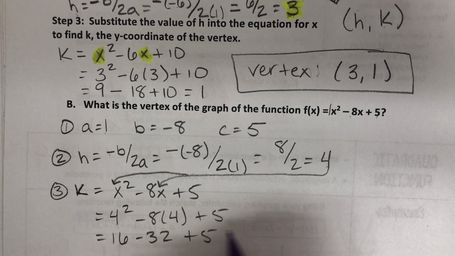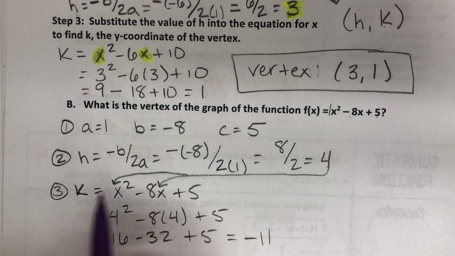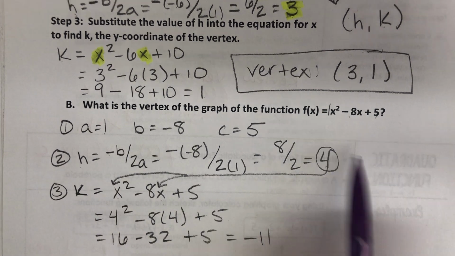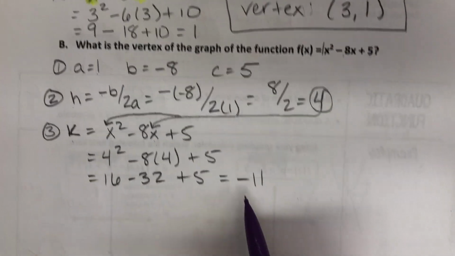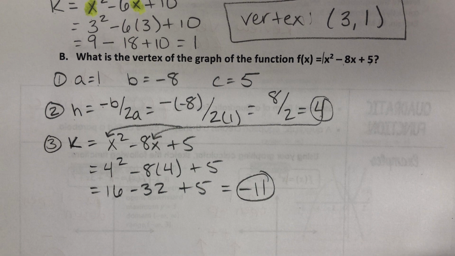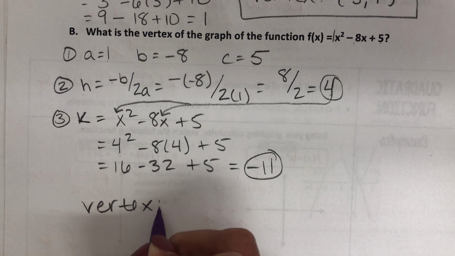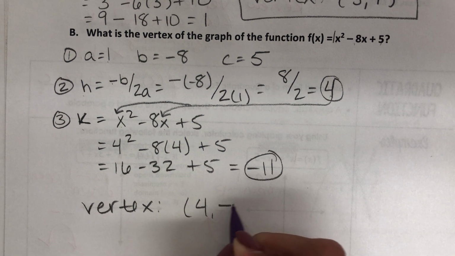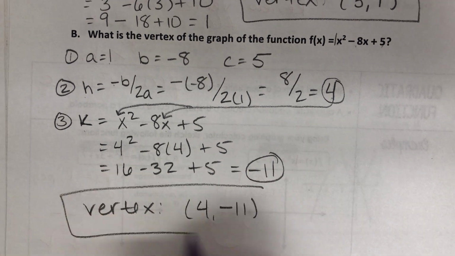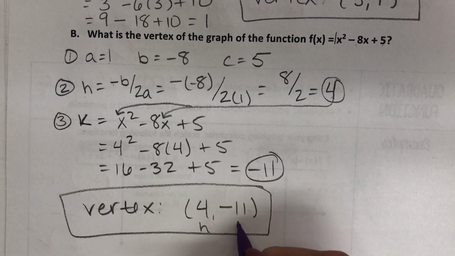And I get -11. So h is 4 and k is -11. So answer, my vertex is (4, -11). h, k.